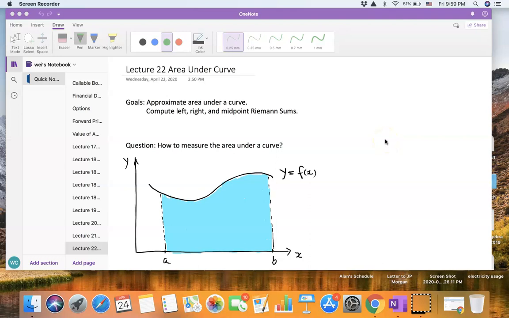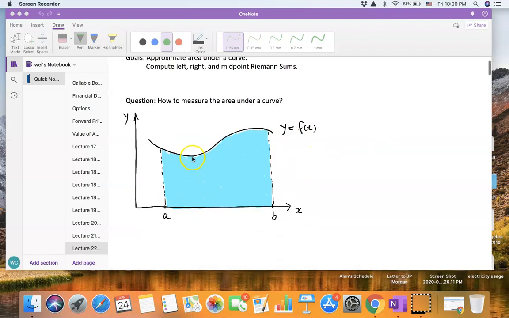Hi everyone. In this video, we are going to talk about how to approximate the area under a curve. So here is the problem. We have a graph of some function y equals f(x), and we have two points, x equals a and x equals b.